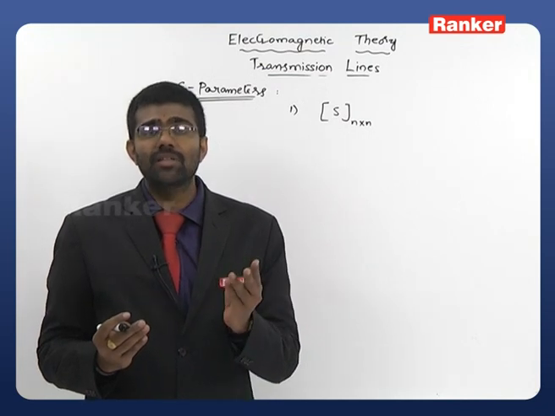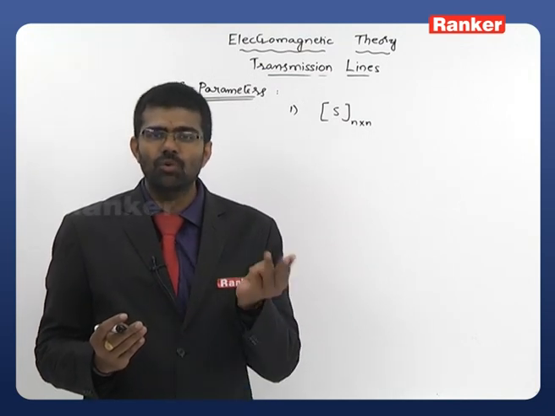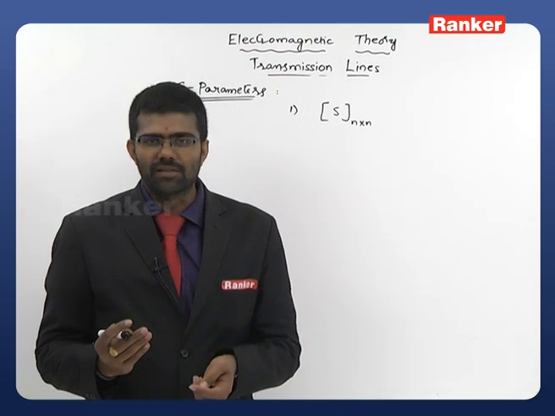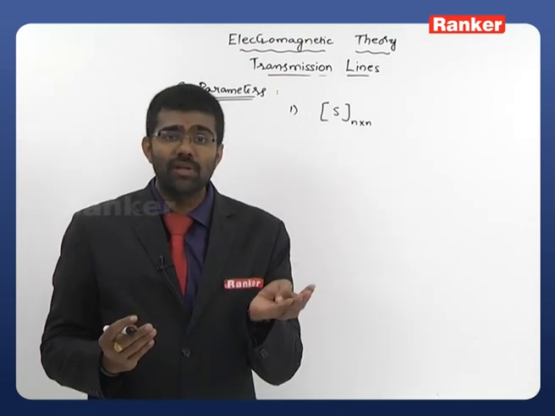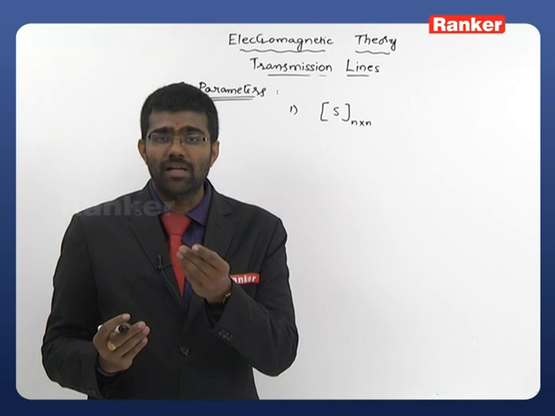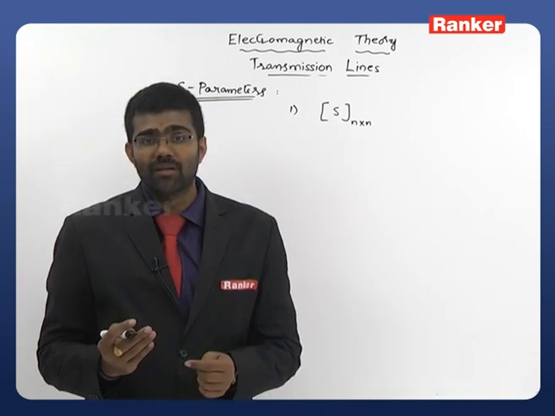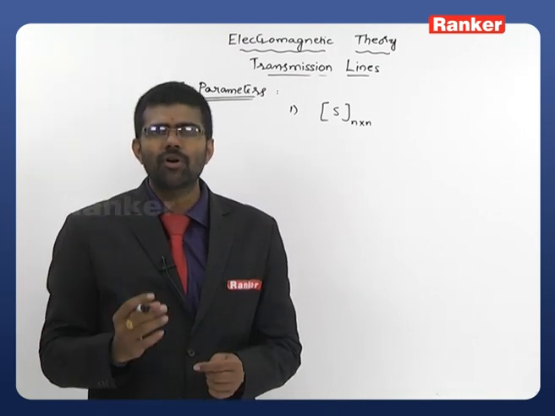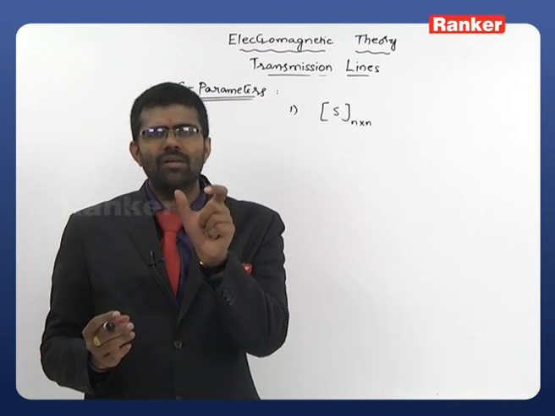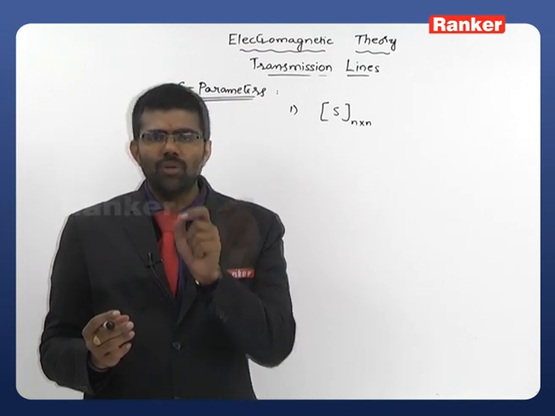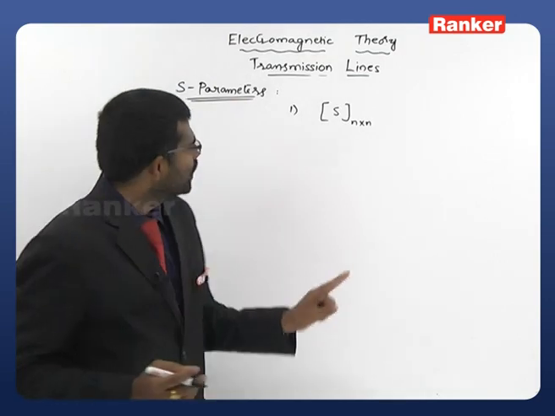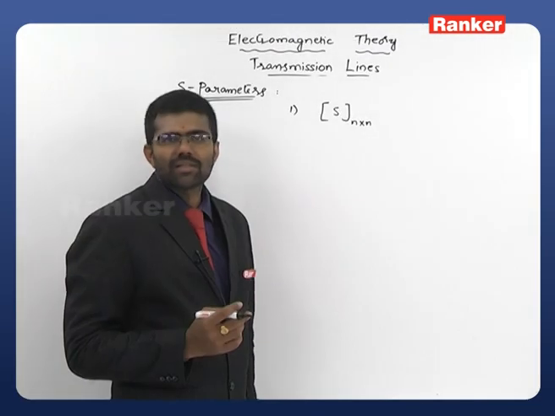And a circulator, a 3-port circulator, then you have to go for a 3 by 3 matrix. A 4-port directional coupler has 4 ports, and for that you have to use a 4 by 4 scattering matrix. Like that, it purely depends upon the type of device you are considering and the junction. So you need to count how many ports, and based on that, the scattering matrix order will be decided.